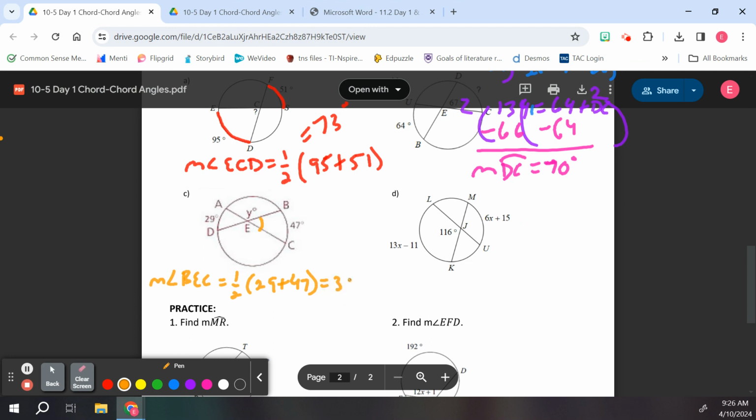I'm getting 38 degrees. Now in order to find y, the measure of angle y is going to equal, since this is on a line, 180 minus that 38. So the measure of angle y is equal to 142 degrees.